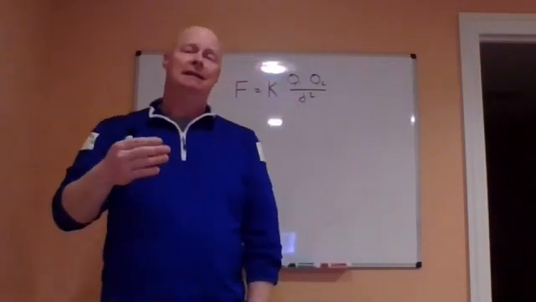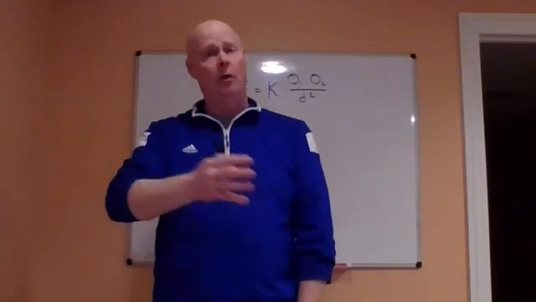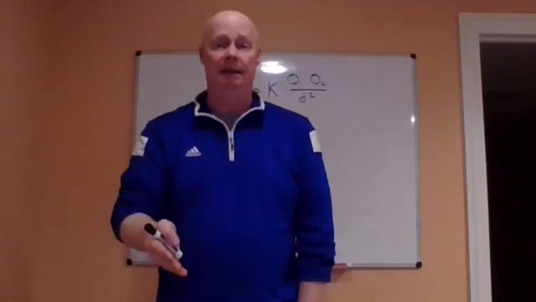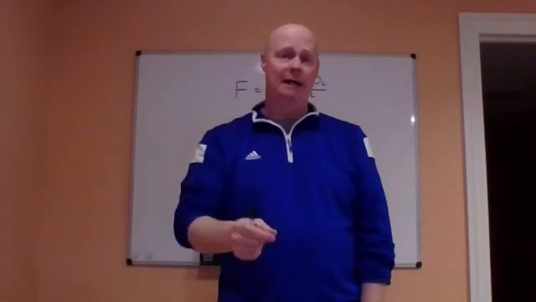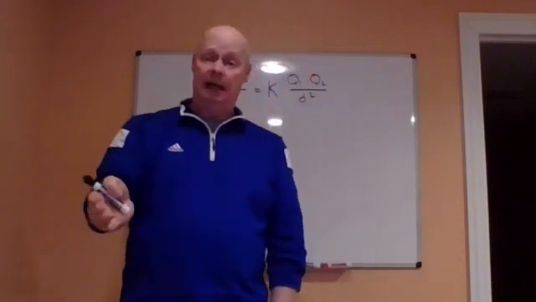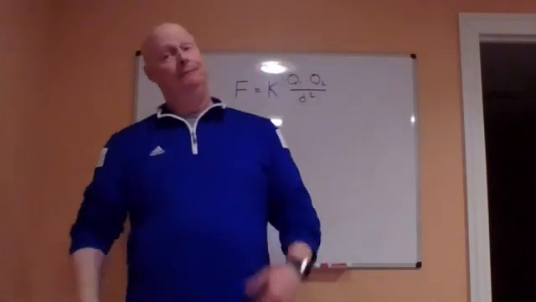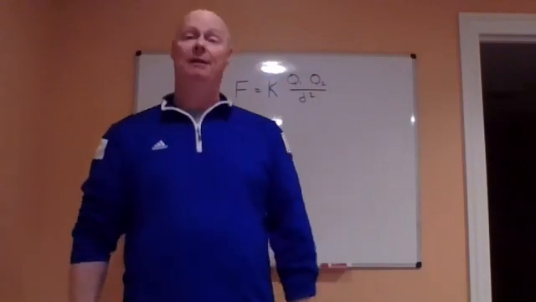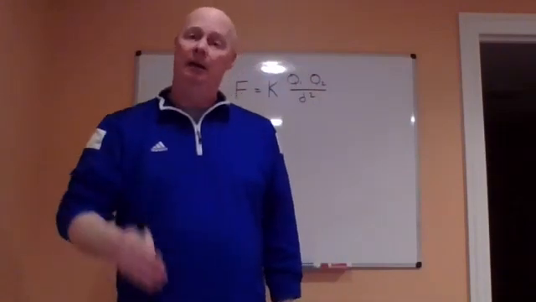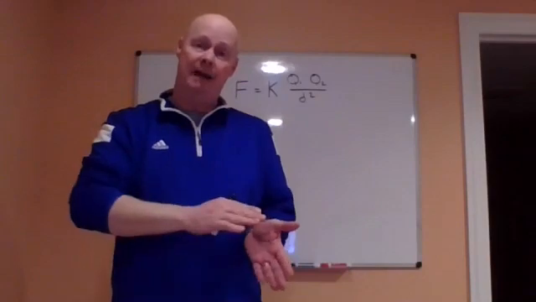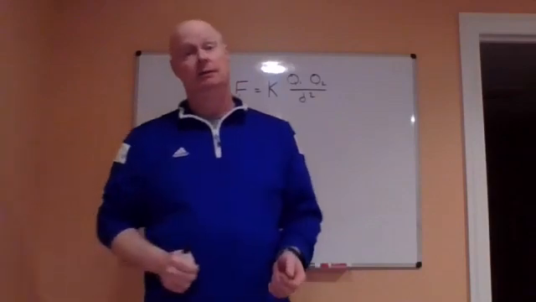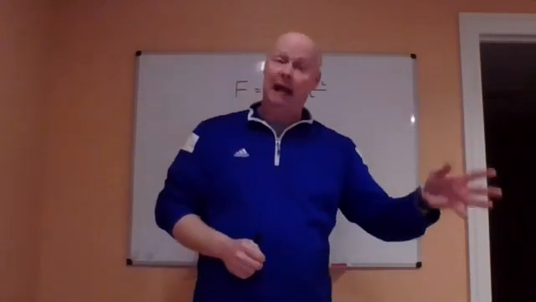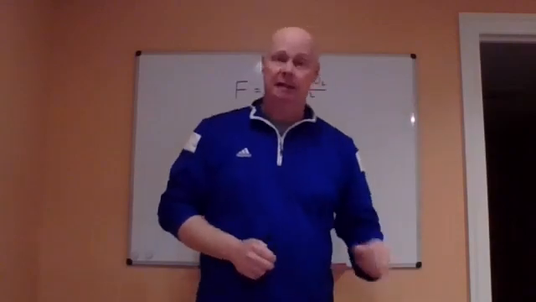We call that quantized. So there's a whole theory of physics about quantum mechanics. It's about how things are quantized. Steps are quantized. I can go up 1 step at a time, go up 2 steps at a time, or if I want to, I go up 3 steps at a time. But in each case, it's always a multiple of 1 step. Well, same thing with charges. I can make something by adding 1 electron, adding 2 electrons, adding 3 electrons.